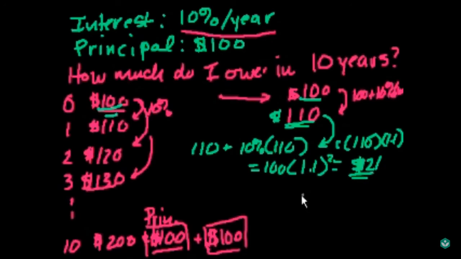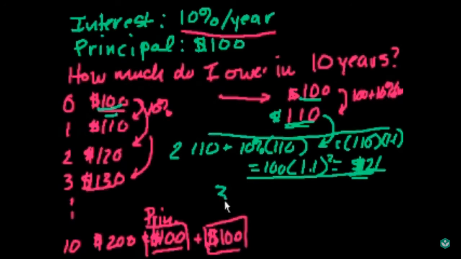And now in year 3, so this is year 2, I'm going to have to pay the $121 that I owed at the end of year 2, plus 10% times the amount of money I owed going into the year, $121.